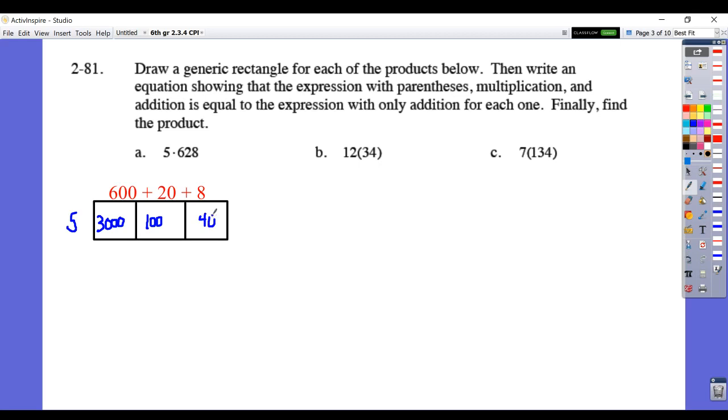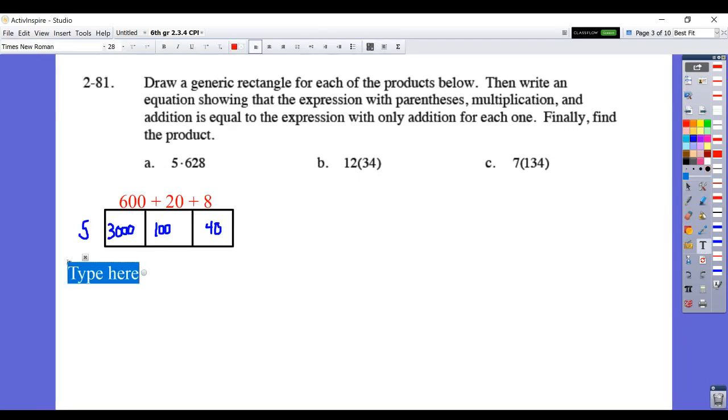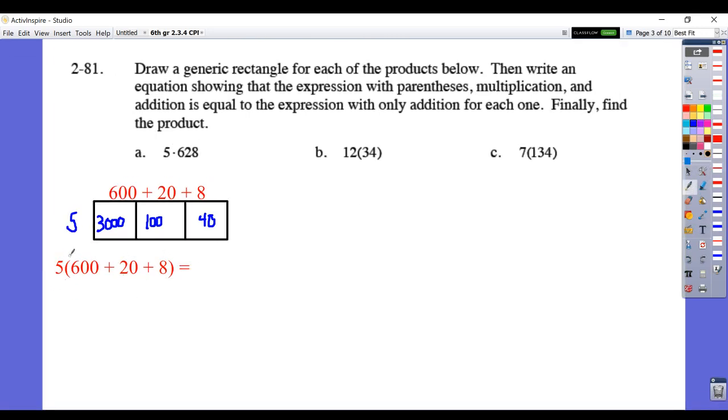So what the distributive property says is if you're trying to take that 5 times 628, if you didn't want to show the generic rectangle, you could get that by using the distributive property. And the distributive property would say that, again, the number in front gets distributed to the terms inside parentheses.